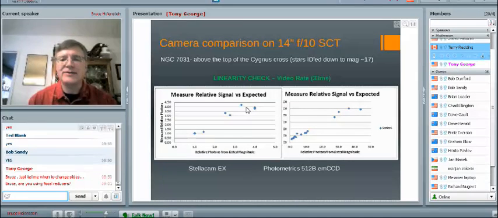Both cameras appear to be very linear with regards to the expected output based on the known magnitudes of the stars in the cluster. The next slide, please.